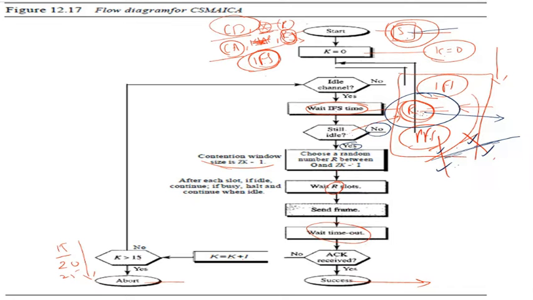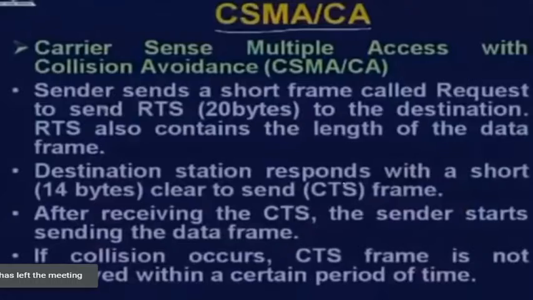Let us consider a simple scenario of how data communication happens in a wireless networking environment. If two stations are in conversation, communicating with some frequency range, let us assume two stations, source and receiver, A and B, are communicating.